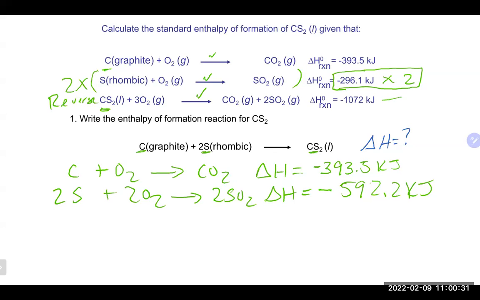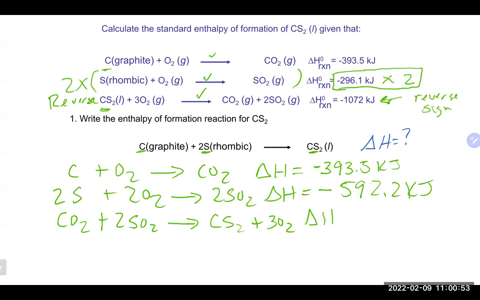So this last reaction, we need to reverse it. And what that does to our sign here is it goes from negative to positive, right? So we got to reverse the sign when we do that. So reversing that last equation, we get CO2 plus 2SO2 goes to CS2 plus 3O2.